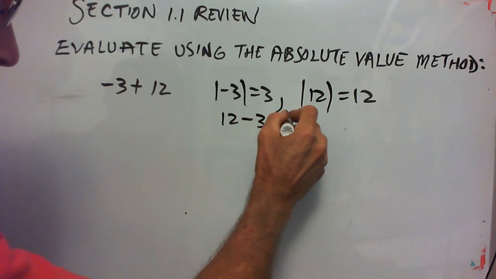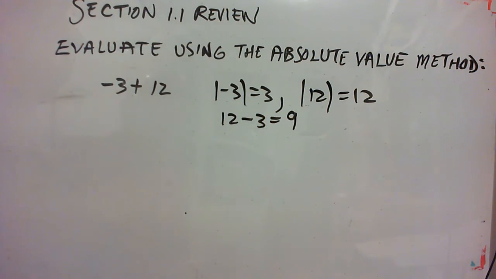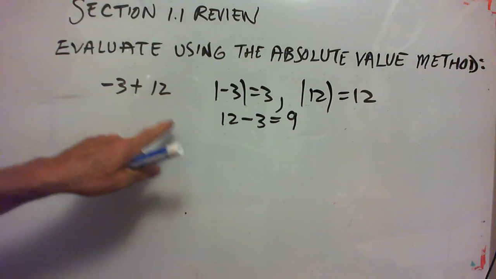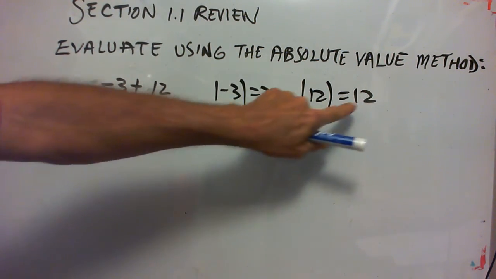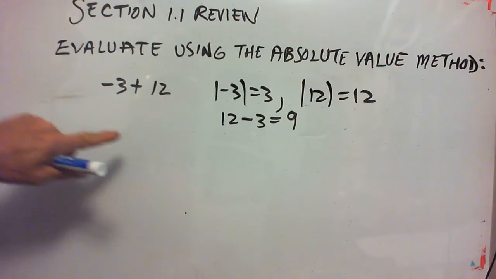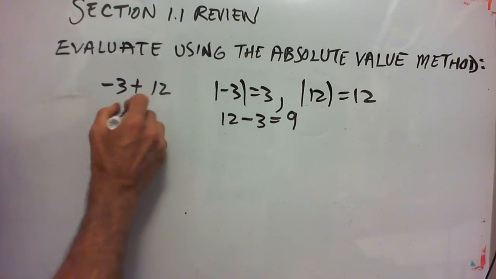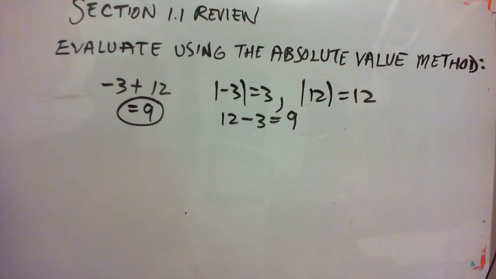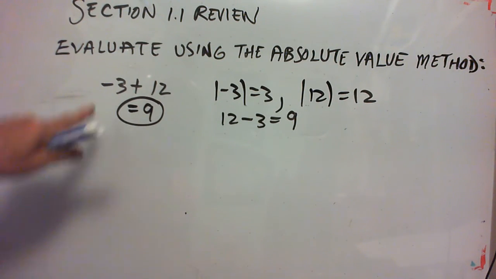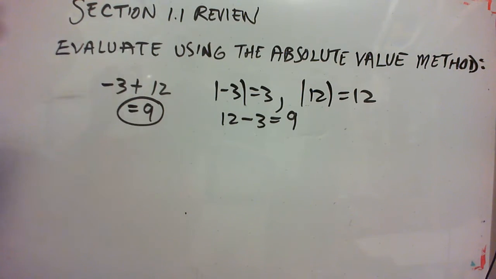So the difference of the absolute values is 9. Now, since 12 had the larger absolute value, that's the sign of the answer. So the answer here is +9. It's like a $3 debt added to a $12 paycheck. The paycheck is the bigger amount, so your end result is positive.